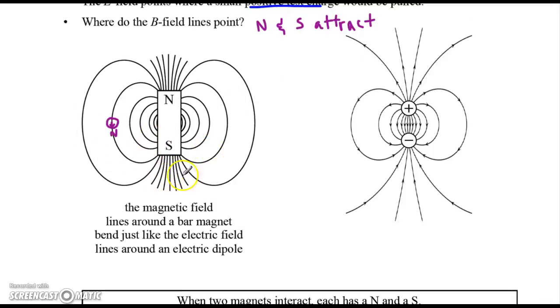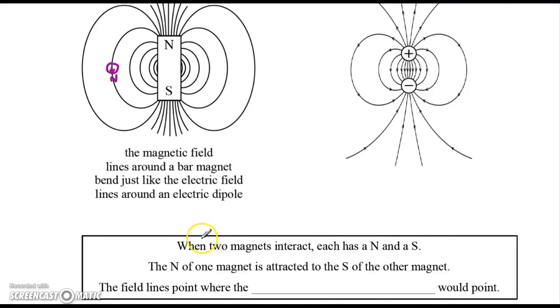So what's the rule for field lines? The magnetic field lines, the B field lines, point where the north pole of a small compass would point.